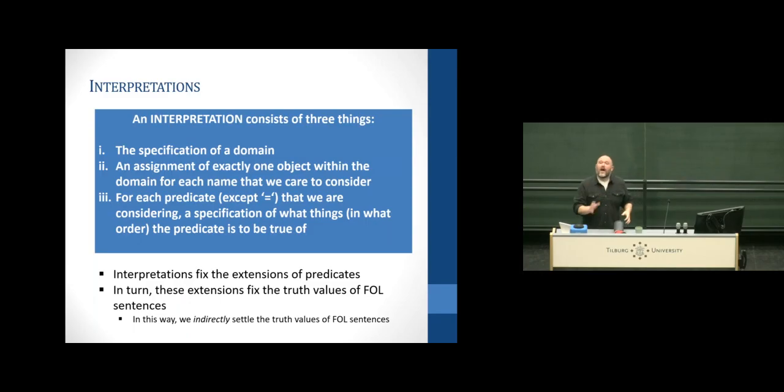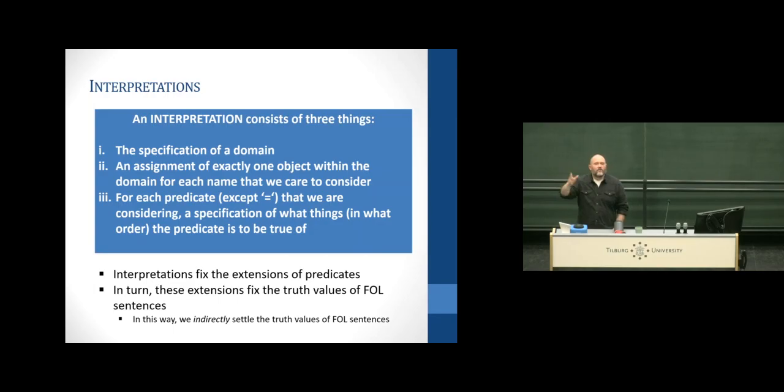Note, this is a lot like a symbolization key. The big difference is this part. Because what we've been doing so far with our symbolization keys is we've been treating predicates basically as being fixed indirectly. S stands for is a spy. V stands for is a vegetarian.